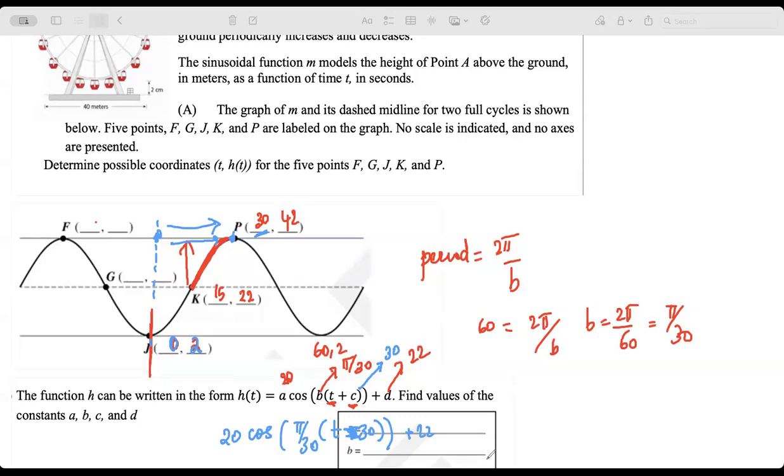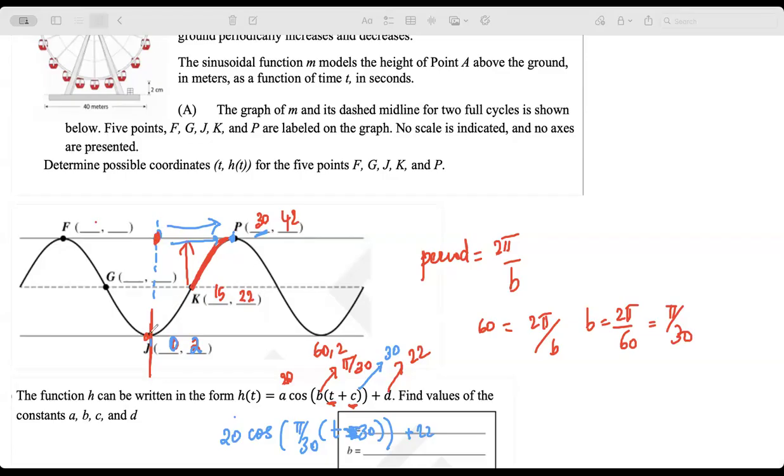Any questions? Okay, now Krish is bringing up that sometimes you can put the amplitude as minus 20. The thing is, you can reflect the entire curve, meaning this becomes your top point. In that case, there is no phase shift.